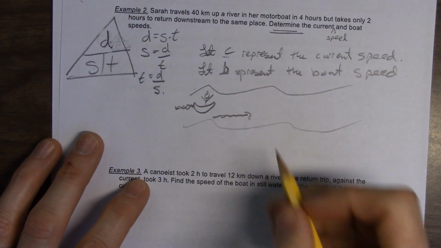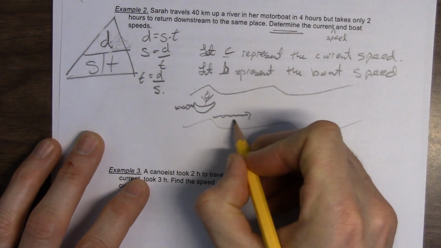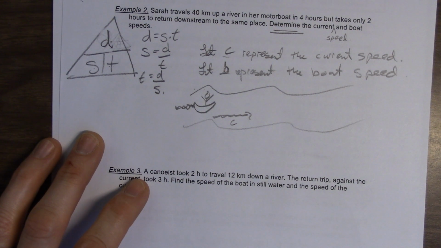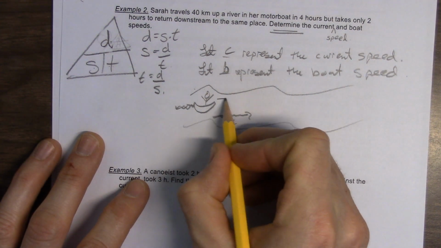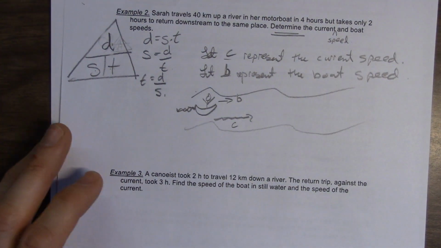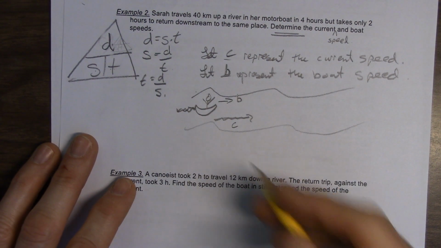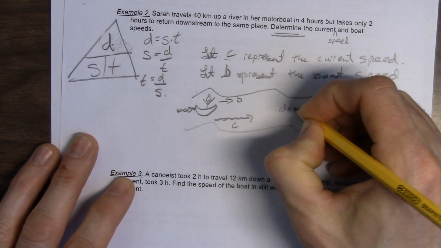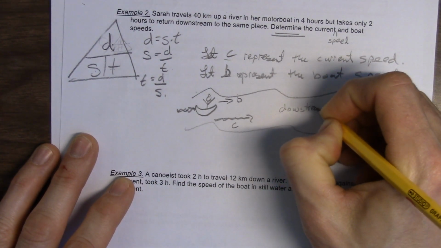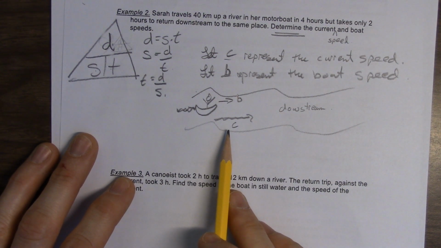Okay? And we decided to represent the current speed as a c, so I'm going to put a c there. And then we have our little guy here, and he's traveling at b, right? His speed is b. And this is called downstream, because he's going with the current. Does that make sense?